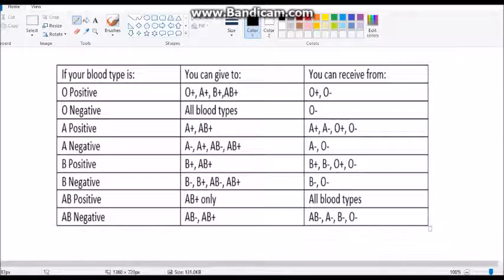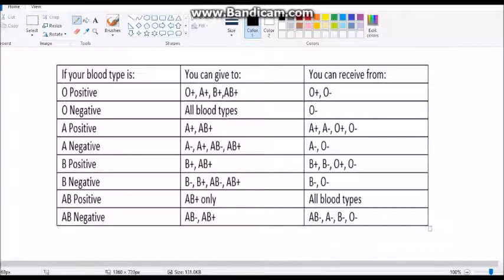On the flip side, if you're O negative looking to receive blood, you can only receive blood from O negative because the blood that would be coming in has a flag, and the O negative blood has every single antibody. So regardless, even if there's a single flag, doesn't matter what it is, whether it's an A, a B, or a positive flag, it will destroy that.